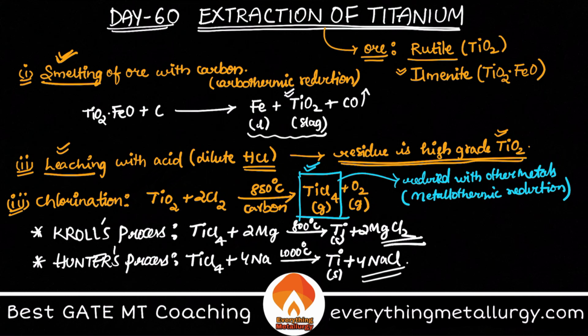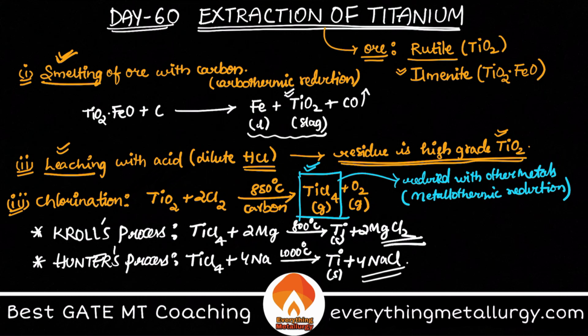So this is a brief outlook of how extraction of titanium can be done. The first step is smelting with carbon so that it removes iron to give iron hot metal. The second step is leaching the slag with dilute HCl so that iron is dissolved into the acid, and the residue you are left with after leaching is of very good, high grade TiO2.